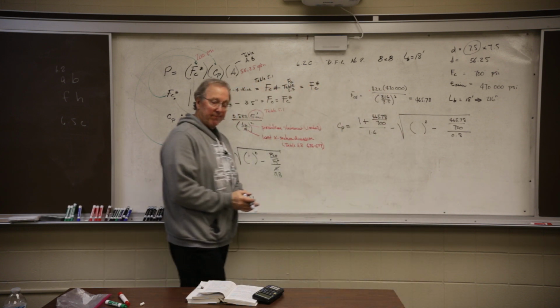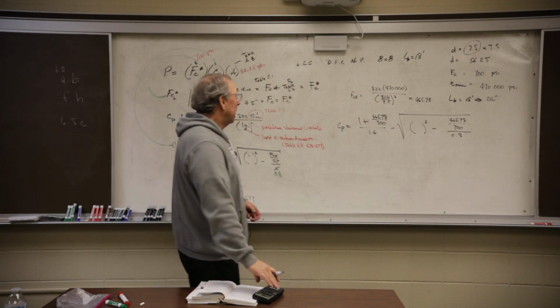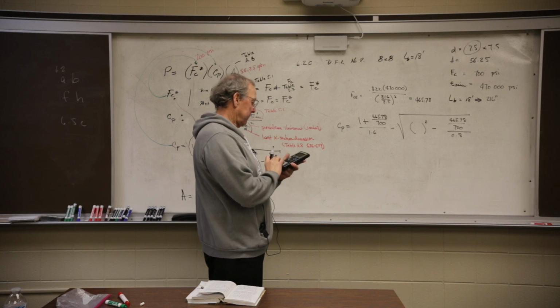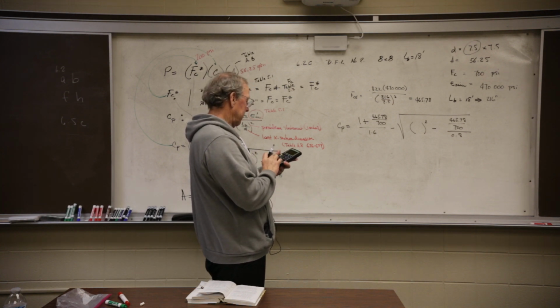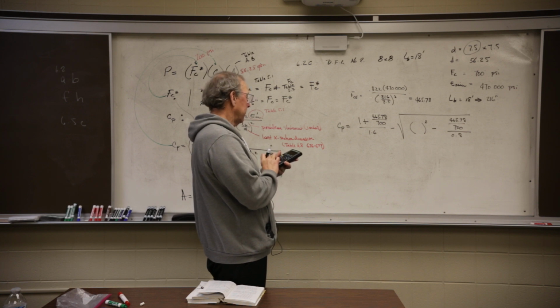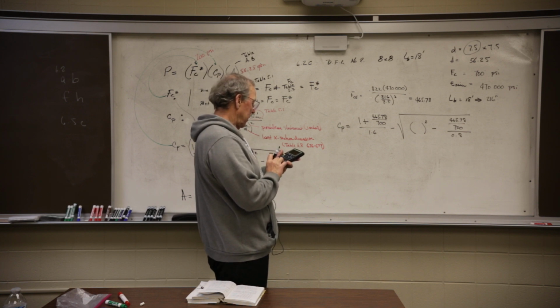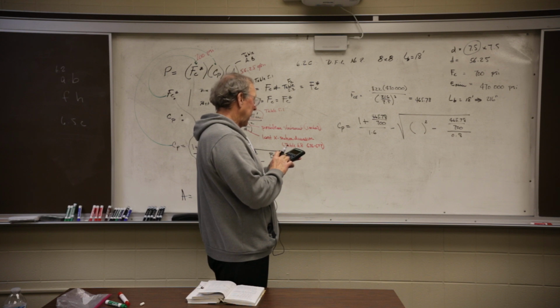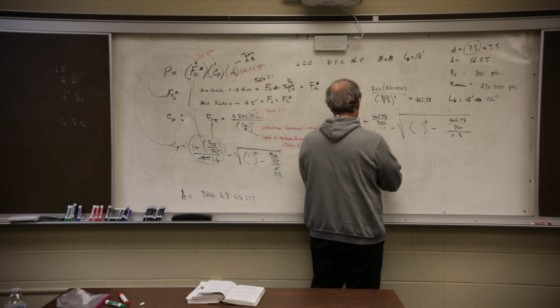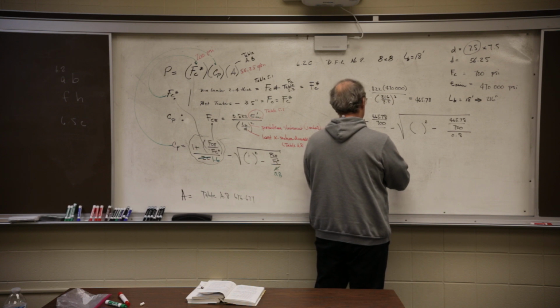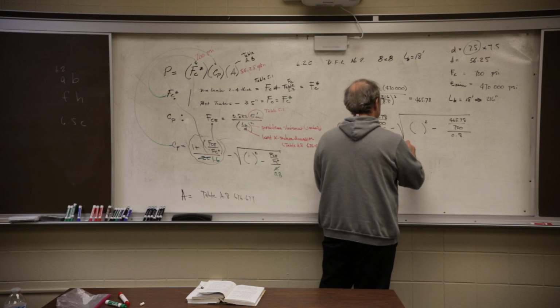There it is. I'm going to do the math. I'm going to take 465 and divide it by 700. 465.78 divided by 700. I'm going to add that to 1, and I'm going to divide it by 1.6. Then I'm going to square it.